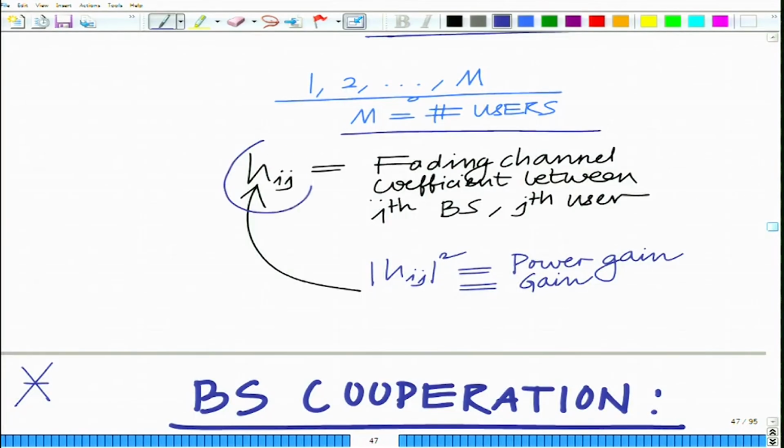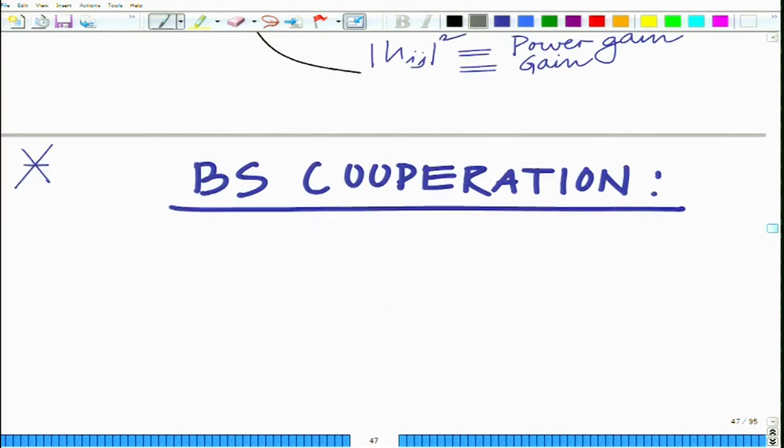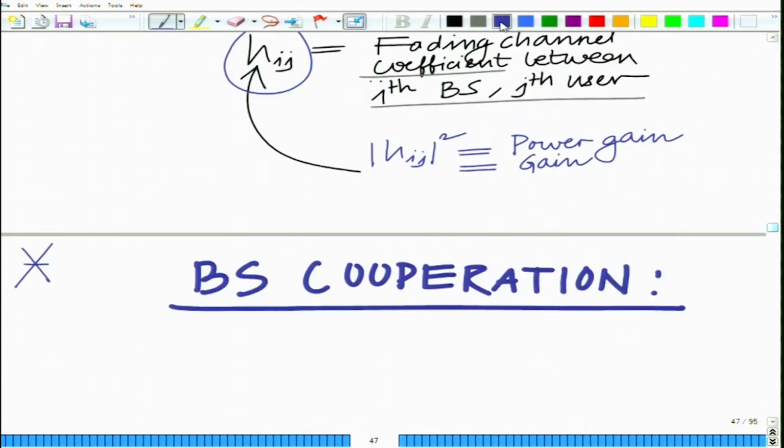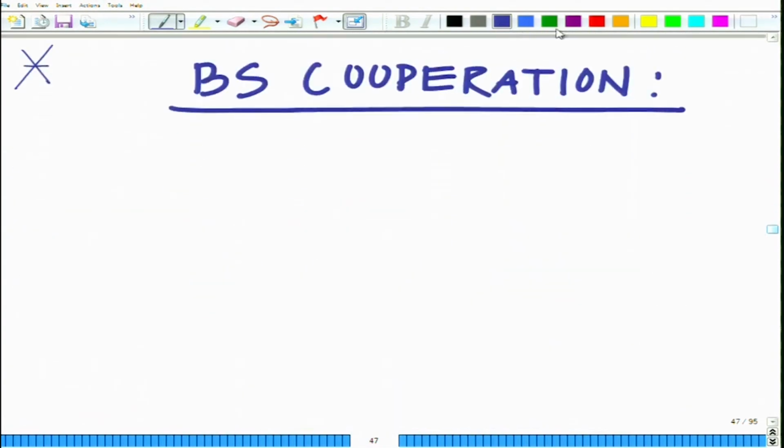And Hij denotes the fading channel coefficient between the ith base station and the jth user, and therefore magnitude Hij square is the power gain. What this means is, if you look at the power received by the jth user from the ith base station, we have another quantity, let us say Pij.